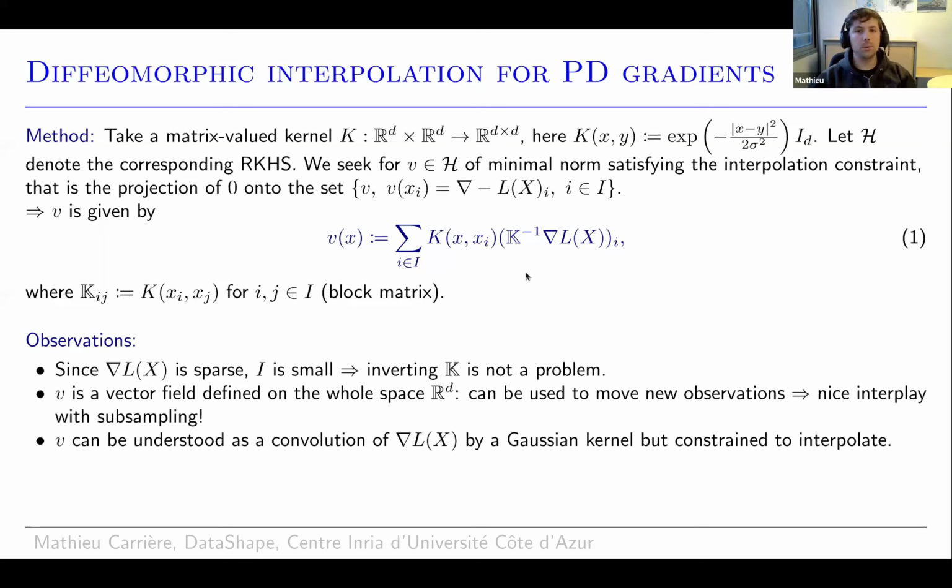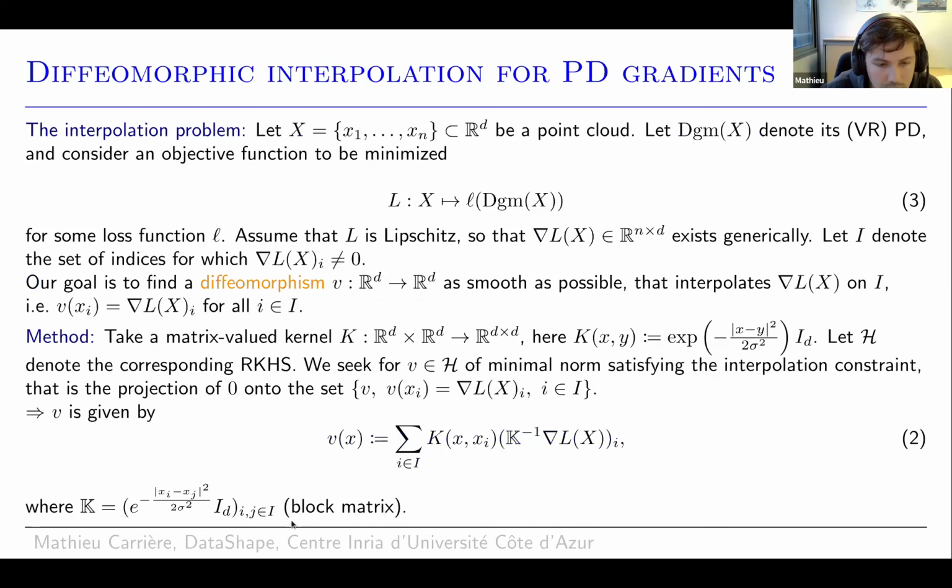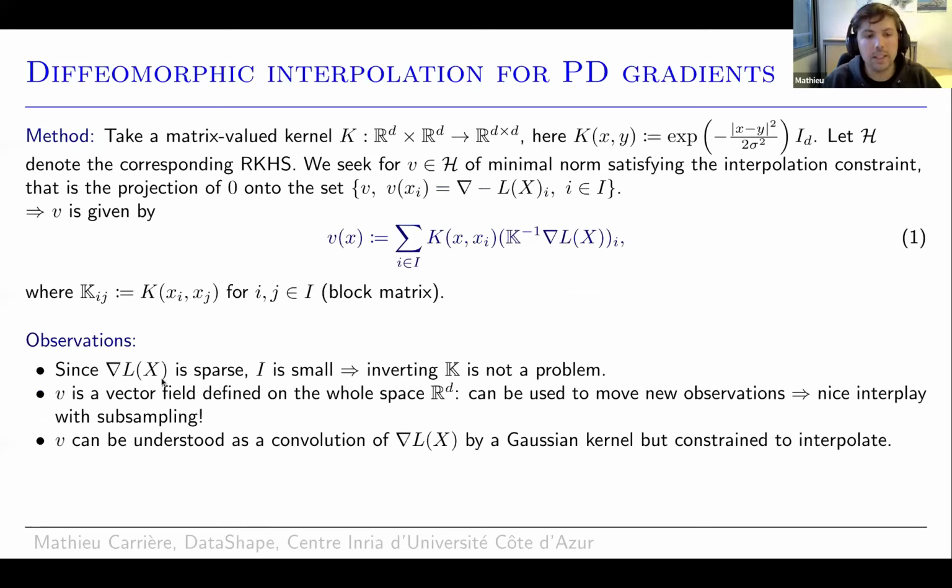One issue with this formula is that you have to invert a potentially large block matrix, because the way K is computed, you have one block matrix for every pair of critical points. Fortunately, as I said before, the set of critical points is sparse, so the size of K is mitigated by that.